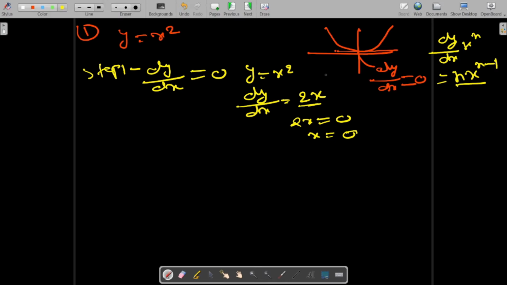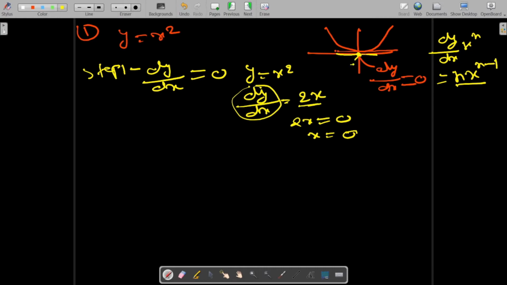So how to identify in the first derivative method: as we know that this particular point is a stationary point, for a point before that and after that, we have to put them in this dy by dx. Here it is 0.